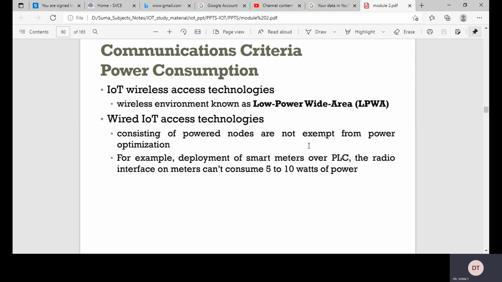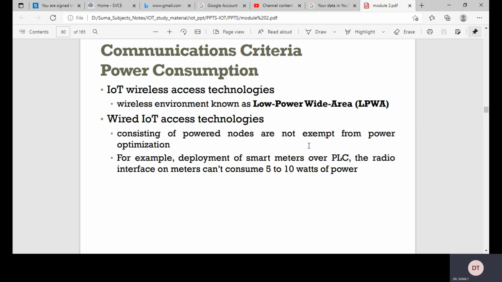These nodes are often classified by the required lifetimes of their batteries. Does a node need 10 to 15 years of battery life, such as a water or gas meter, or is 5 to 7 years of battery life sufficient for devices such as smart parking sensors?